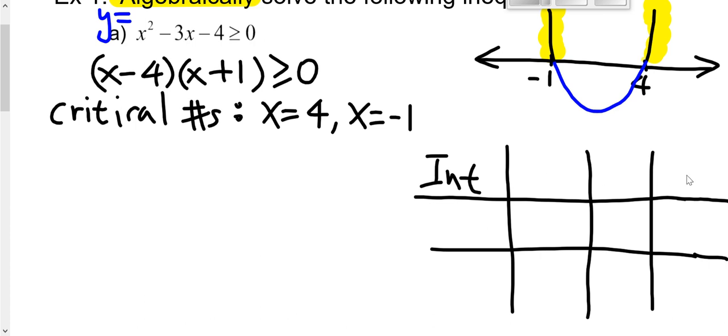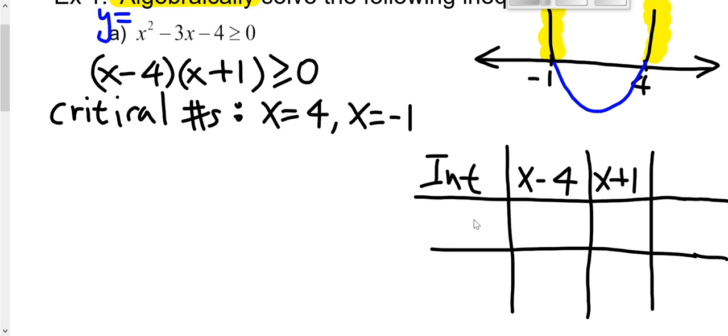Here, here, here, so on and so forth. It doesn't matter which one you put first, the order doesn't matter. So x minus 4 as one factor. Another factor in this case is x plus 1. Okay, we will leave this column blank for now. You'll see in a second what's going on.